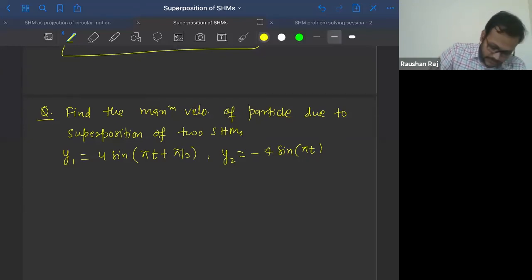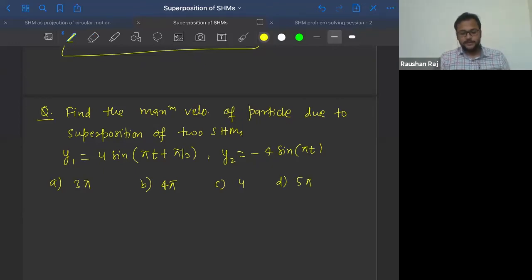So options are 4 pi, no, not 4 pi, it will be easier. Options are 3 pi, and then 4 pi, then let's say 4, and then 5 pi.